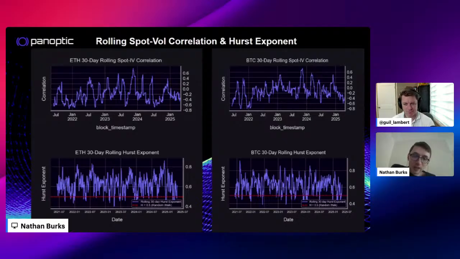So the 0.5 red line signals a perfect random walk. If it's above that, the return series is trending. So you expect to see a higher probability of an up day following an up day and a down day following a down day.